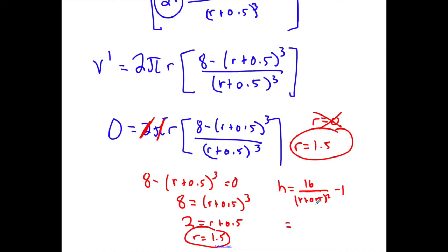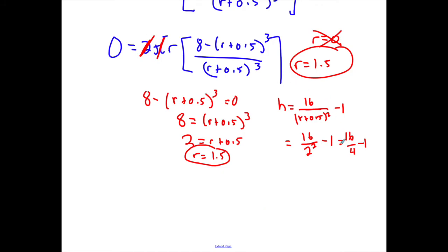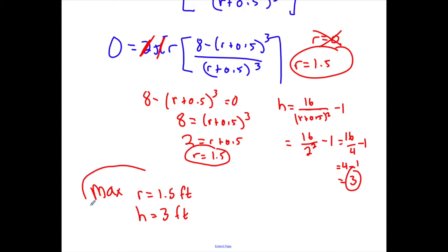So 1.5 plus 0.5 is 2. 2 squared is 4. 16 over 4 is 4. And 4 minus 1 is 3. So the maximum radius is 1.5 feet. The maximum height is 3 feet.